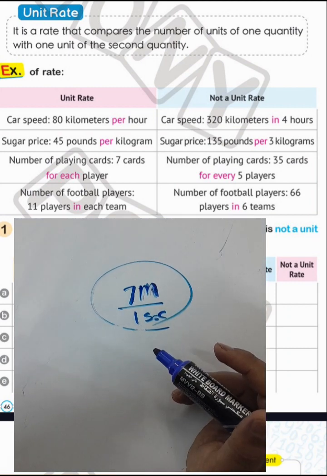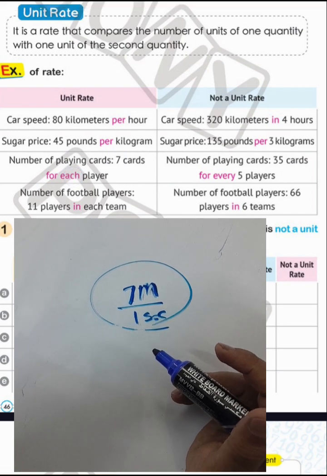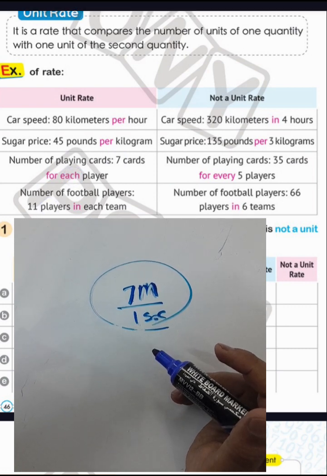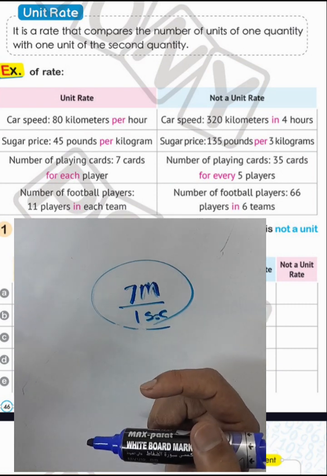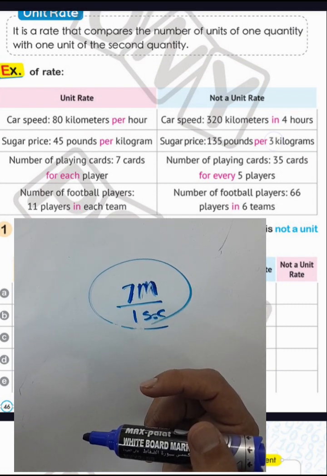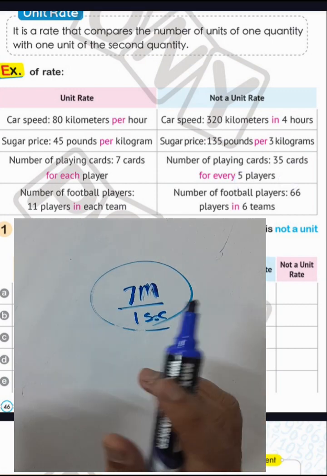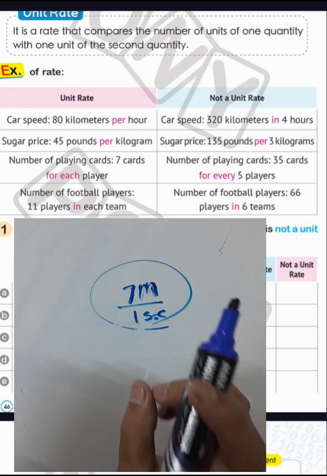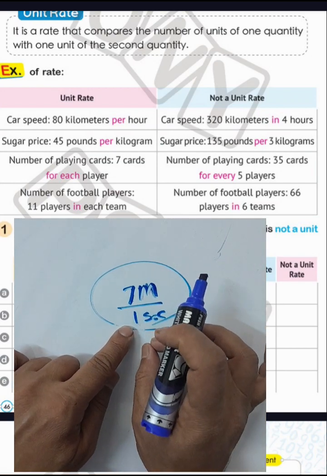Such as the number of playing cards, 7 cards for each player, or the number of football players, 11 players in each team. Not a unit rate: denominators like 4, 3, 35 per 5, 66 by 6. No, it's not a unit rate. We must know that when the denominator of the ratio equals 1, we call it a unit rate.